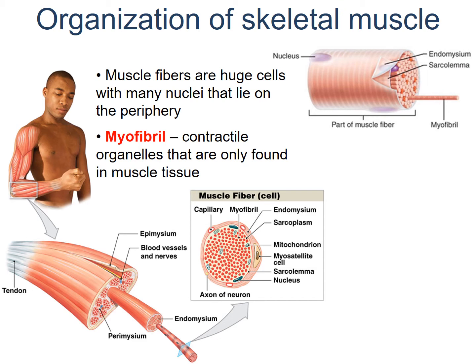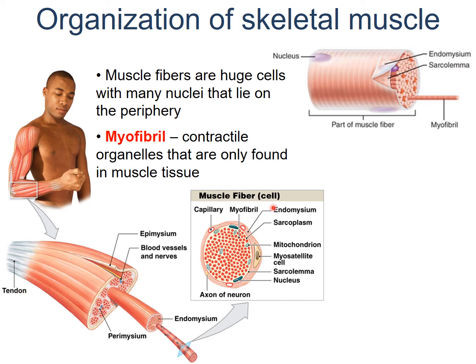This is an organelle that actually contracts, and when it contracts, it ultimately causes the skeletal muscle organ to contract or get shorter. That pulls on the tendon attached to bone, and this is how human beings move their body, okay? So the myofibril is this contractile organelle, and they're only found in muscle tissue.